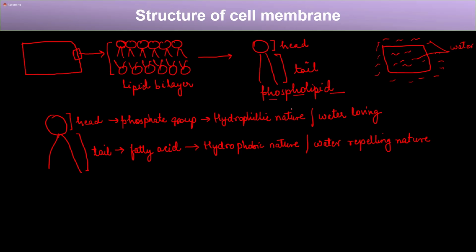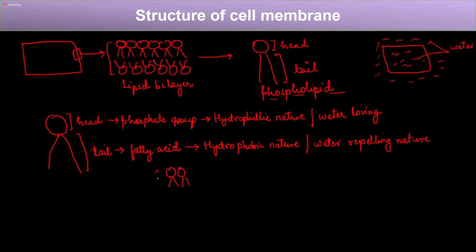So what arrangement should a cell membrane make so that it can protect the tail region from coming in contact with the water? Suppose you want to protect this tail region from coming in contact with the water, you will draw a phospholipid. Now, in order to protect this region, what will you do?